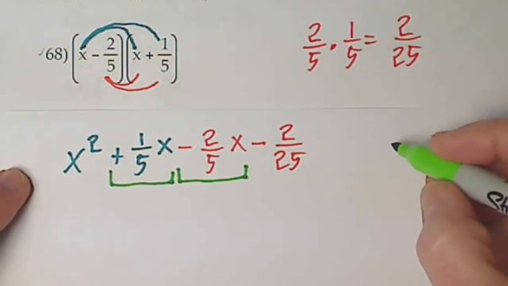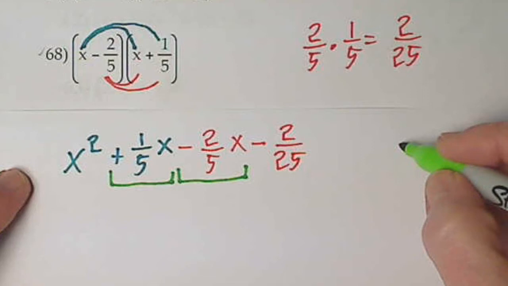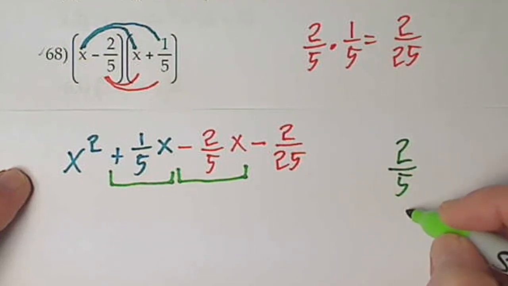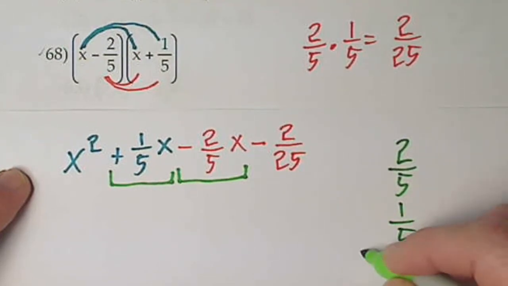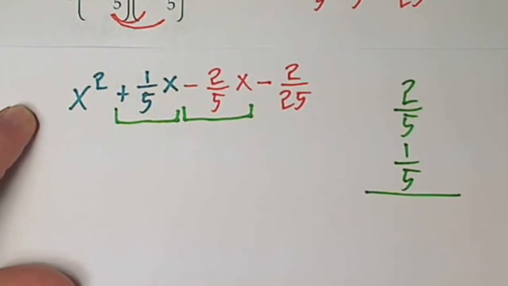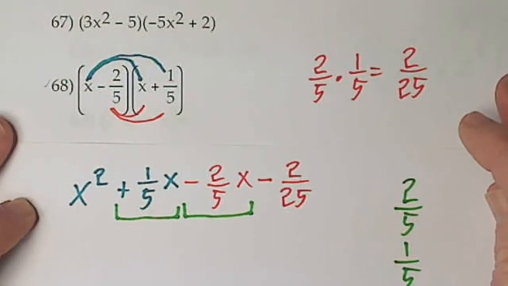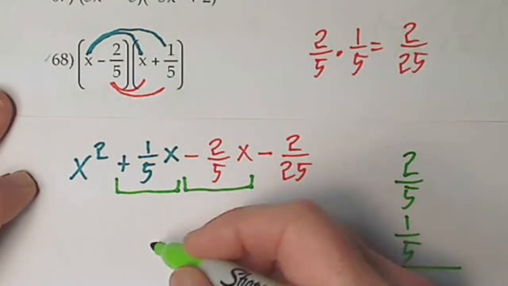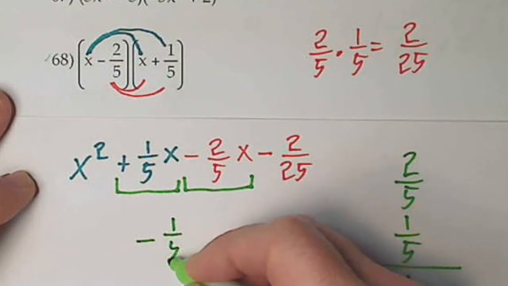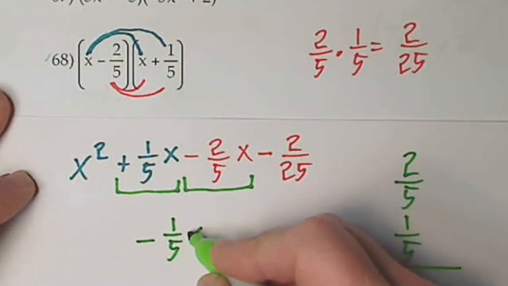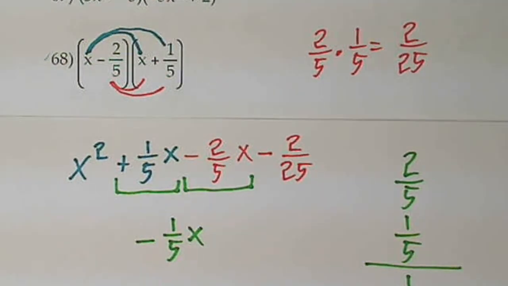I guess technically I would show it like this. If I had 2/5 and I was going to subtract 1/5, the result would be negative 1/5. Alright, so that's what we get from combining these two. Negative 1/5. X just comes along for the ride, and you bring down your other two terms.